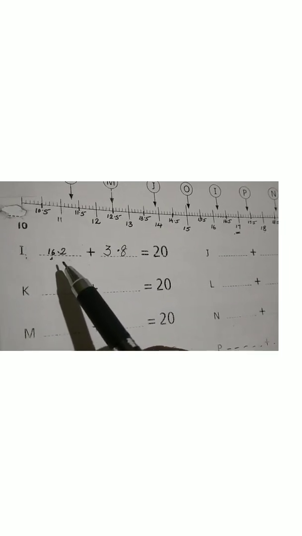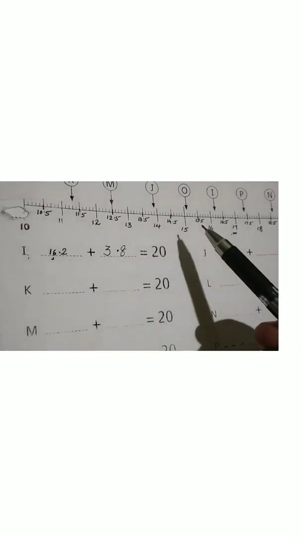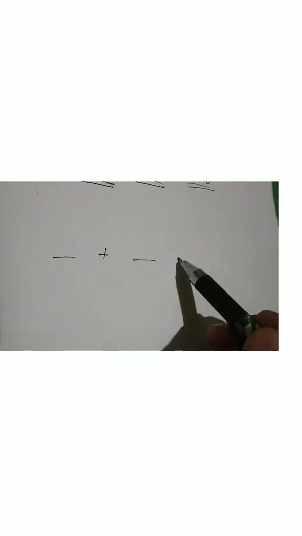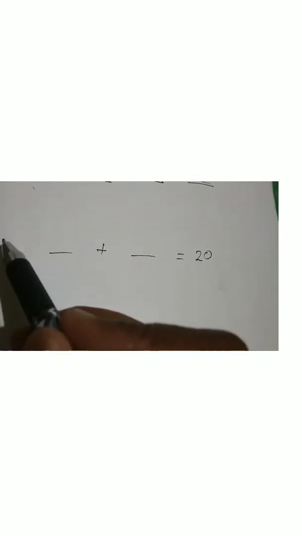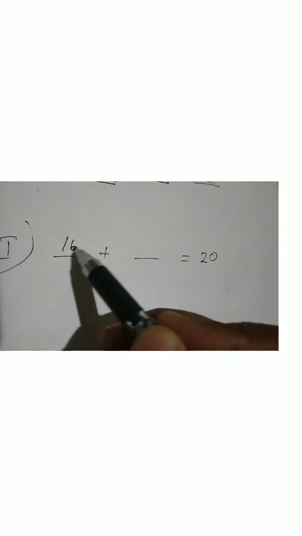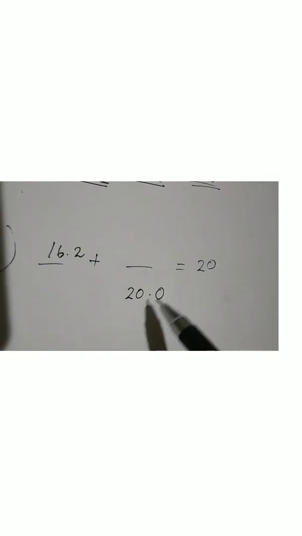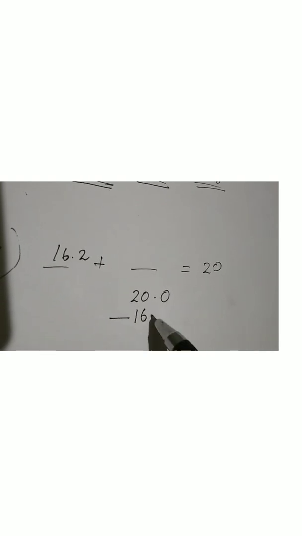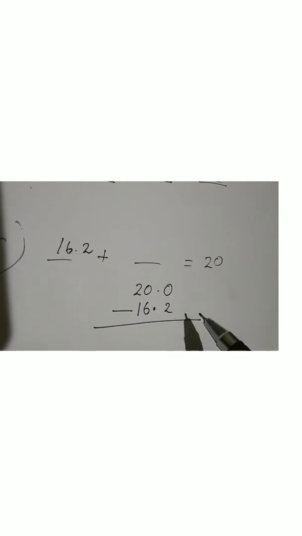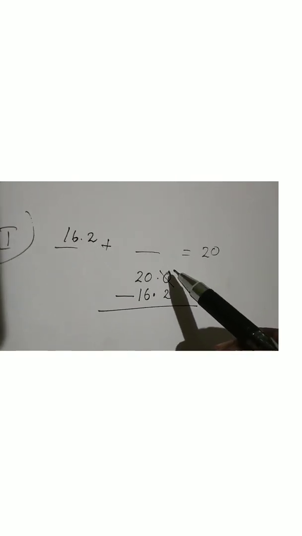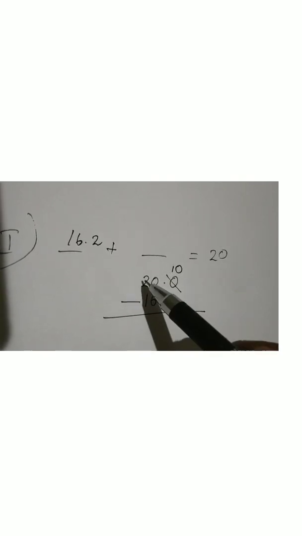Clear for you? How can we check? Here I stands on 16.2. When we add these two, we have to get 20. So 20.0 minus 16.2. Here this 0 will be which number? This will be 10 and 20 became 19.